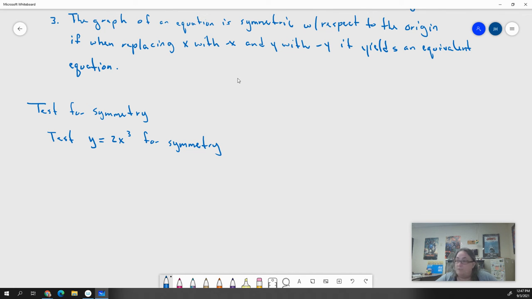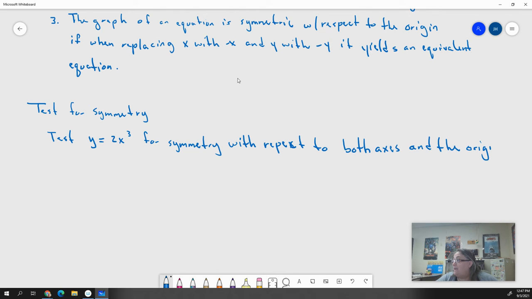And it'll say with respect to both axes, right? The axes, and the origin. All right, so we want to prove it for all of them.